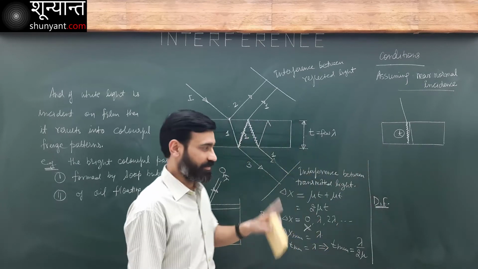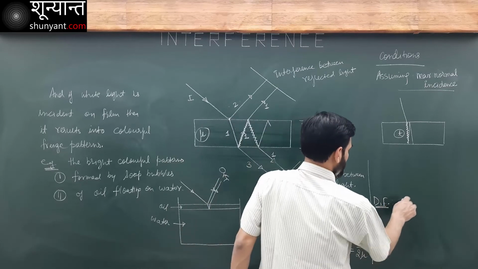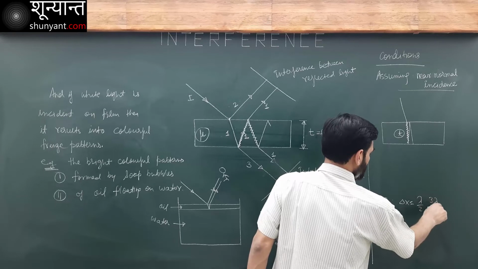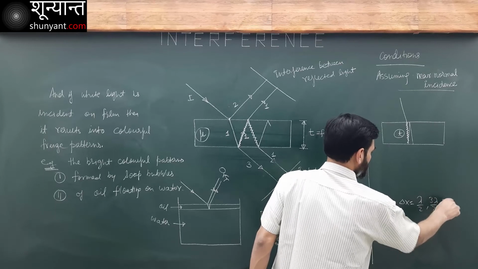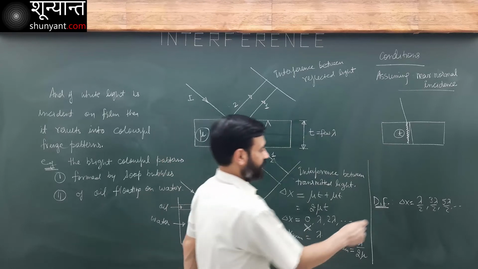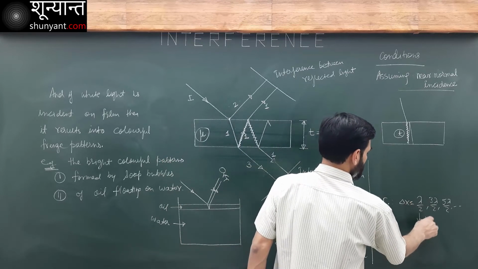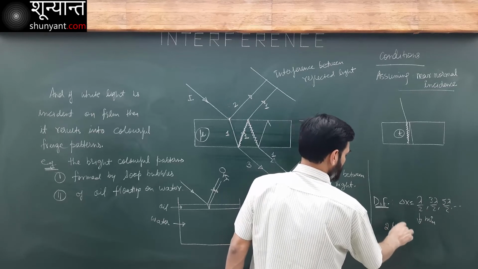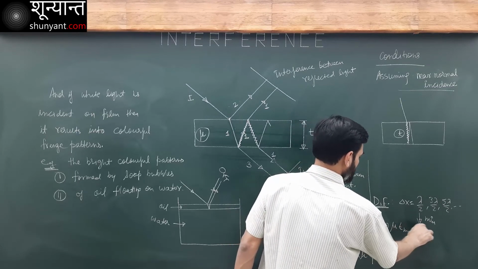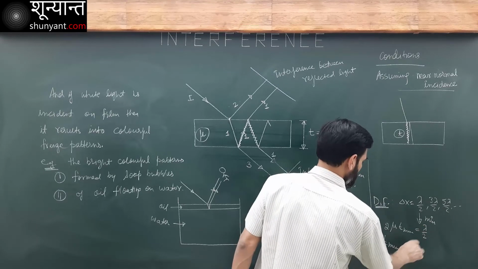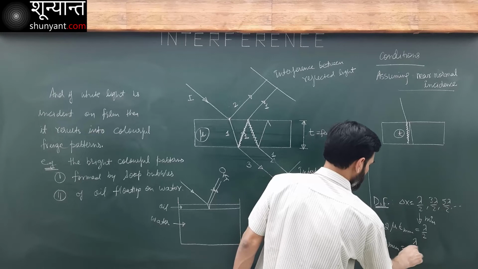Delta x should be lambda over 2, 3 lambda over 2, 5 lambda over 2, like this, odd multiples of lambda by 2. This corresponds to minimum. So I have 2 mu t minimum equal to lambda over 2. What should t minimum be? It is lambda over 4 mu.